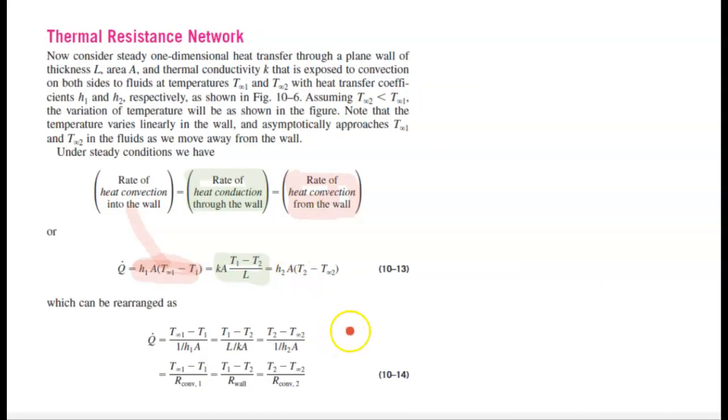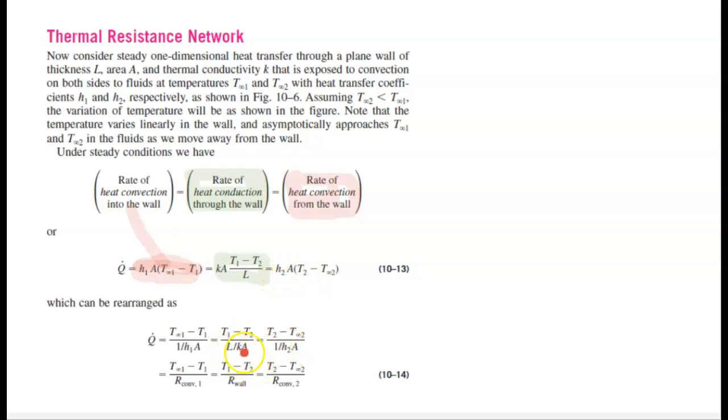Now, if we rearrange that one, I divide everything by 1 over h1A. Here I divide everything by L over kA. Here I divide everything by 1 over h2A.